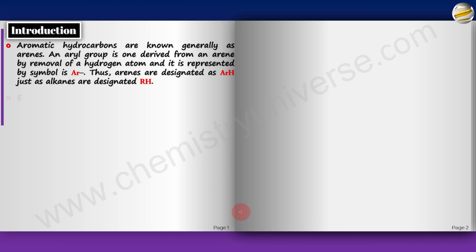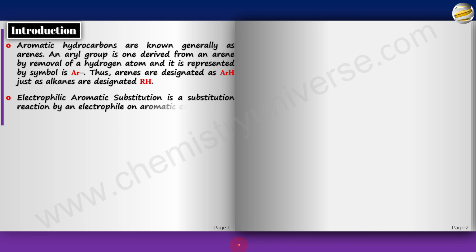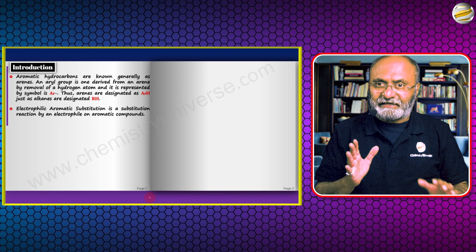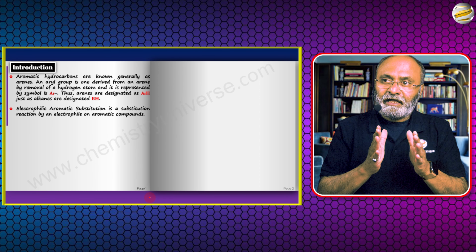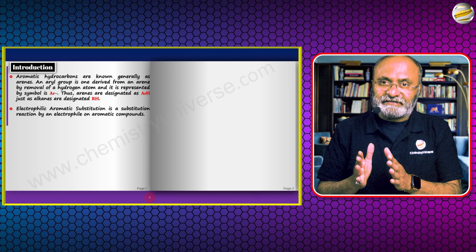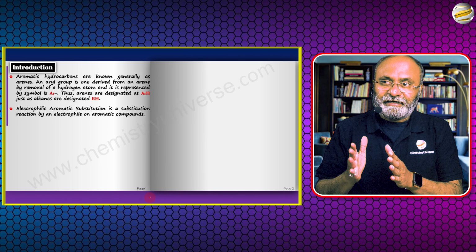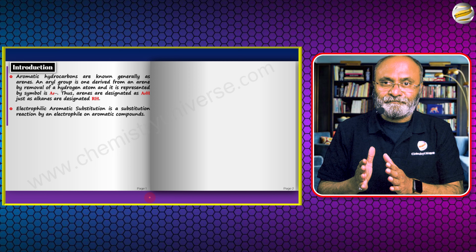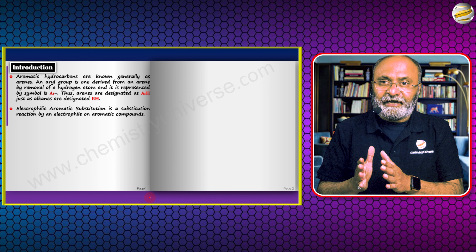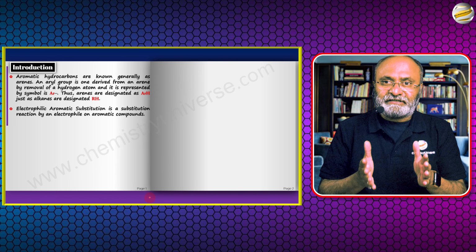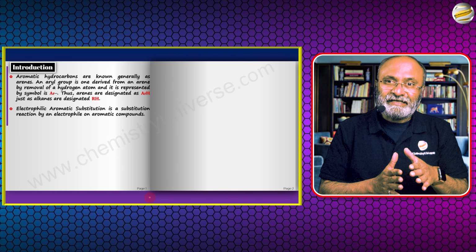Now, the electrophilic aromatic substitution is a substitution reaction by an electrophile on aromatic compounds. Let's understand what this basically means. Electrophilic, you definitely understand. It's an electrophile, an electron deficient species. And electrophilic aromatic, obviously happening on an aromatic ring.